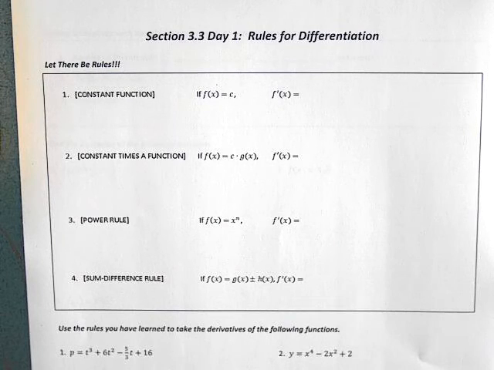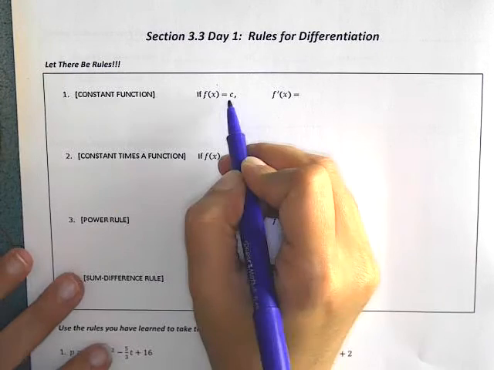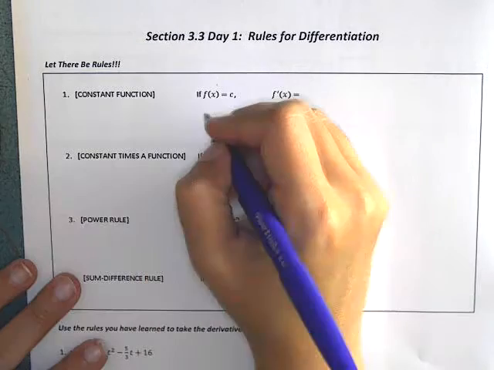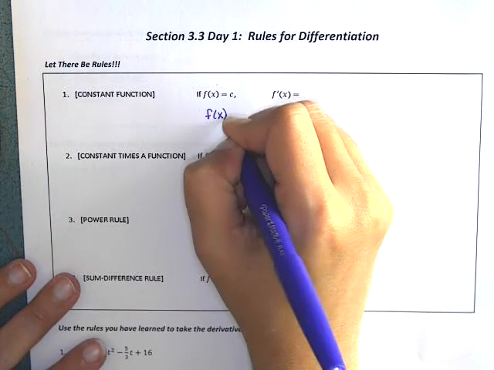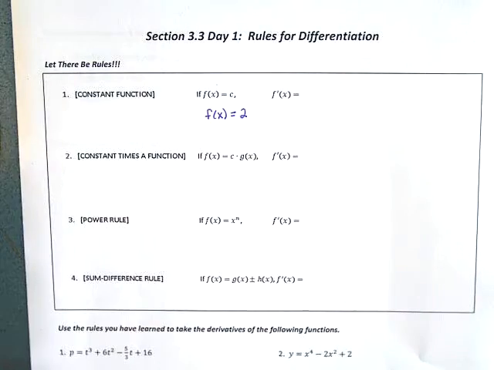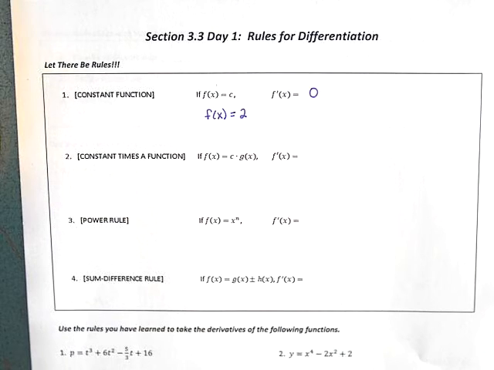First rule, if you have a function that is just a constant, so if your f of x is equal to like a 2, it's just a horizontal line, then the derivative is 0. And the reason the derivative is 0 is because the slope of a horizontal line is 0.